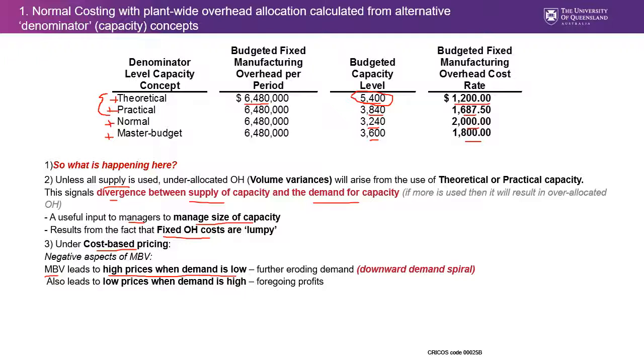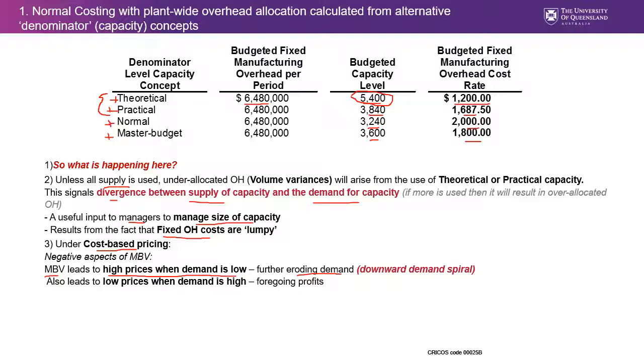And if we're using this cost as a basis for our pricing, we're going to have a much higher cost and therefore price if demand is low, because our denominator in our budgeted overhead rate will be low and therefore the rate will be higher. And that higher cost leads to a higher price, which can erode demand. What we mean by that is leads to fewer people wanting to buy this company's motorbike because the price is perceived as higher.